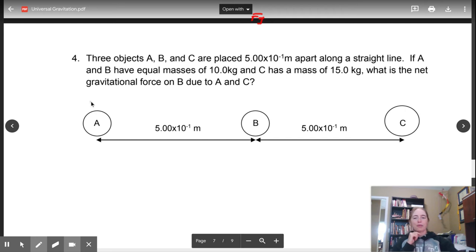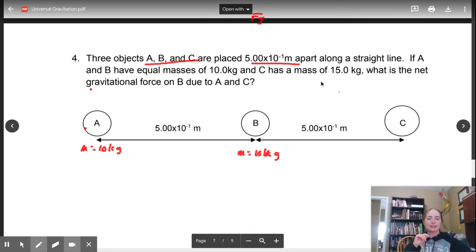All right. So 3 objects, A, B, and C, are placed that many meters apart from each other in a straight line. So here's our diagram. Love diagrams. Okay. If A and B have equal masses of 10 kilograms, and C has a mass of 15 kilograms, okay, write your masses under it.